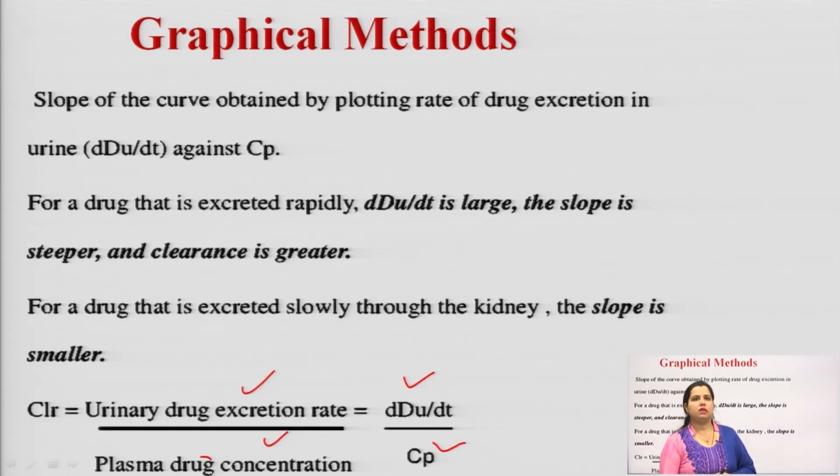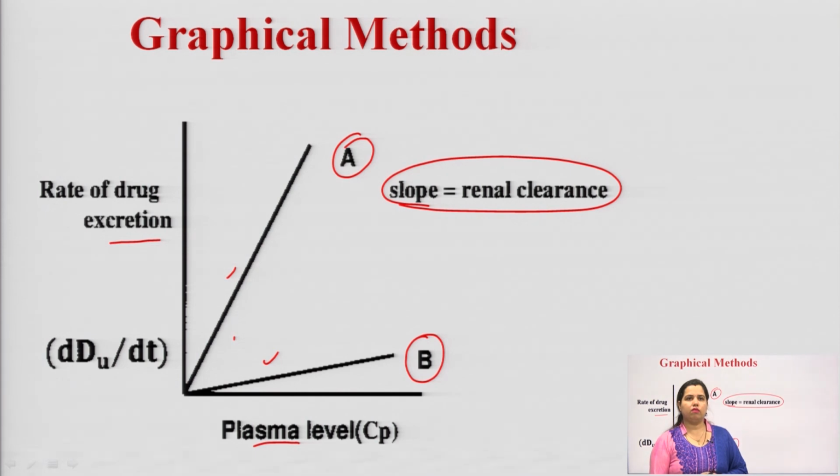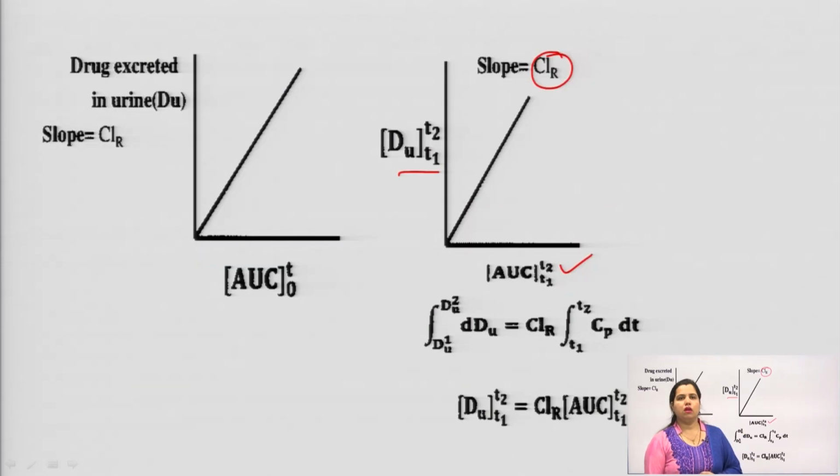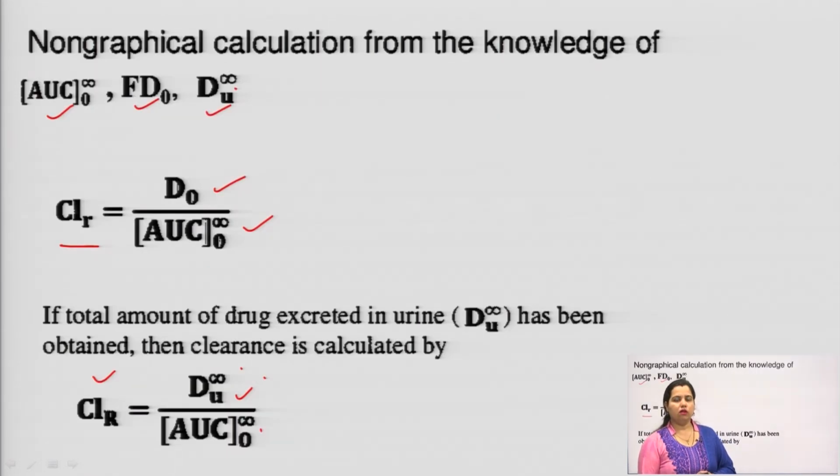In the graph, we generally represent the data in the form of a figure, and the slope represents the renal clearance value. On the y axis we take the rate of drug excretion, whereas on the x axis we take plasma concentration. So, the graphical method using this derivation can give the values of renal clearance.